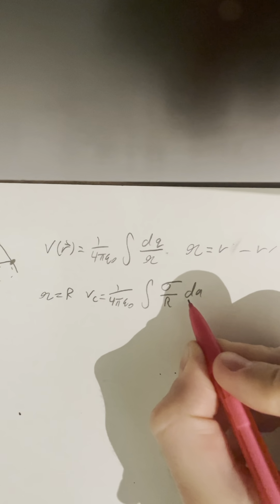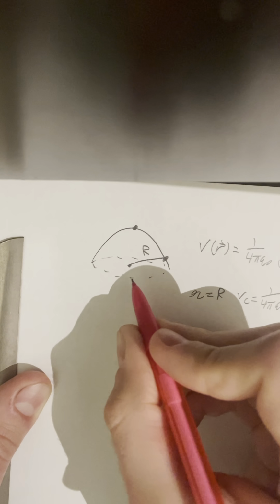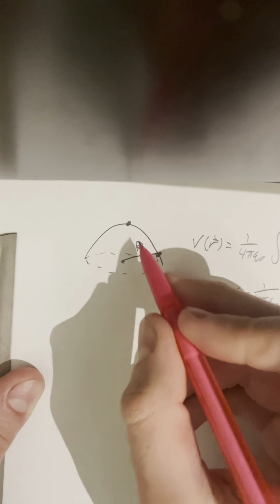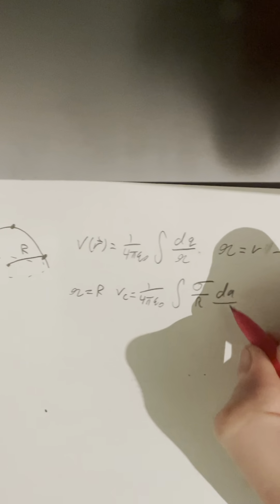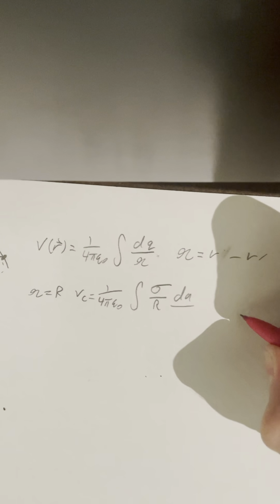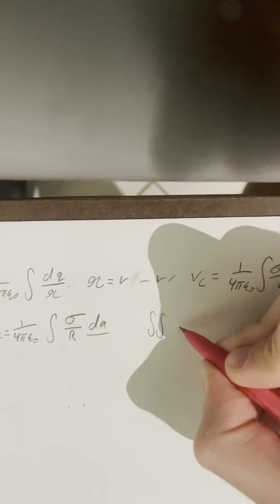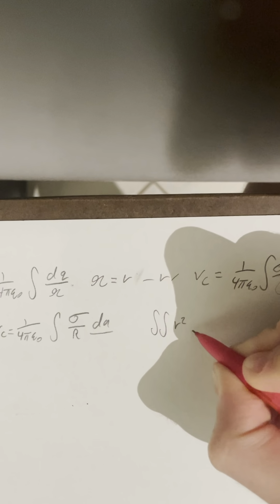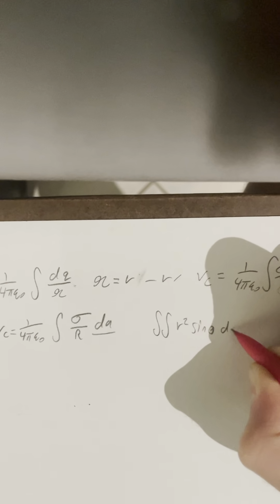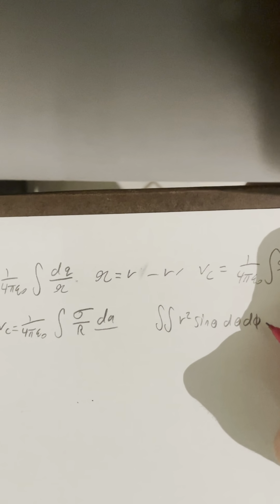Now we have to figure out what dA is. Since we're dealing with spherical geometry, it's the double integral of r squared sine theta d theta d phi.